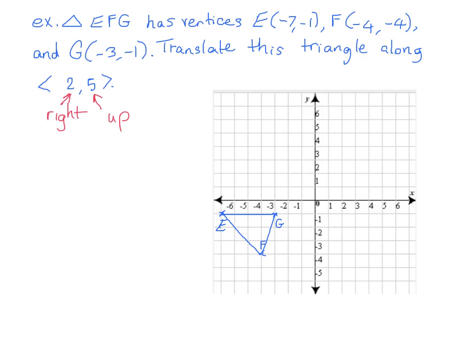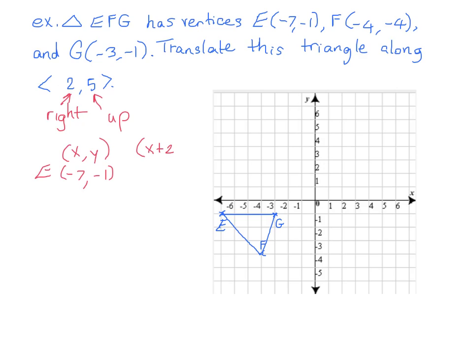So in order to accomplish this, we can take each of the coordinates. Currently our coordinates are x, comma, y. So for E, we have -7, comma -1. And when we change our coordinates, we're going to change it to x plus 2, and that's coming from the vector coordinate here.